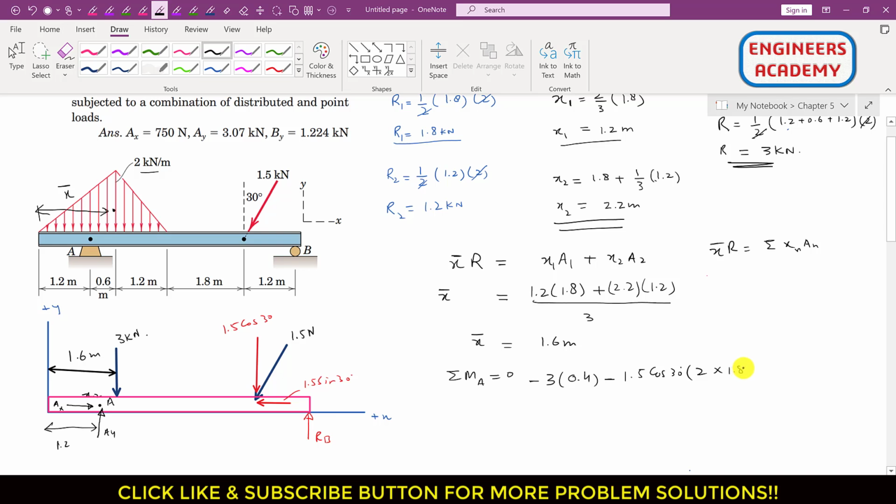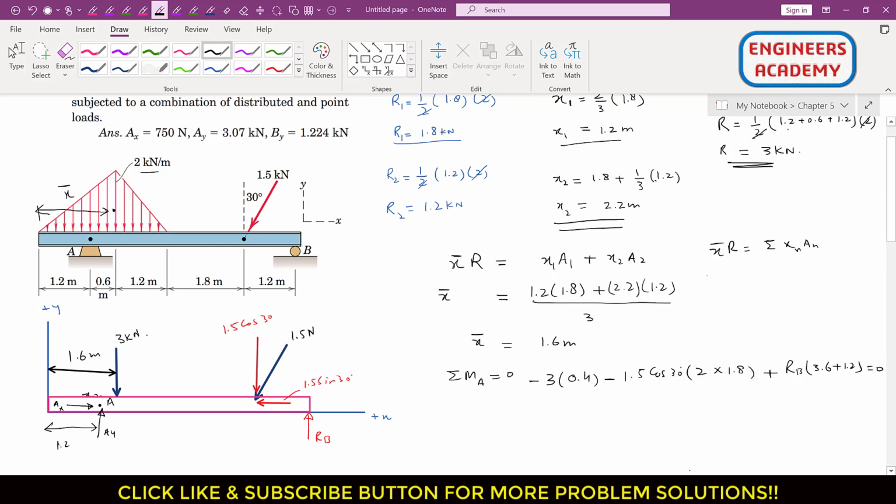So this is 2 times 1.8, and similarly this RB is producing the counterclockwise moment about that point A, so I will write plus RB, and the perpendicular distance of this RB from that point A is 0.6 plus 1.2 plus 1.8 plus 1.2, right? So 0.6 plus 1.2 is 1.8, and 1.8 plus 1.8 is 3.6. So 3.6 plus 1.2, and this will be equal to 0.